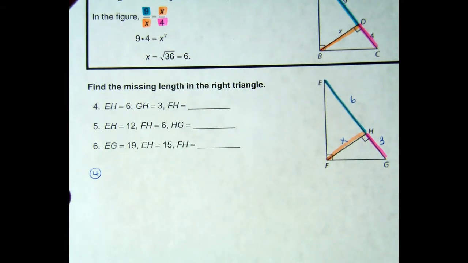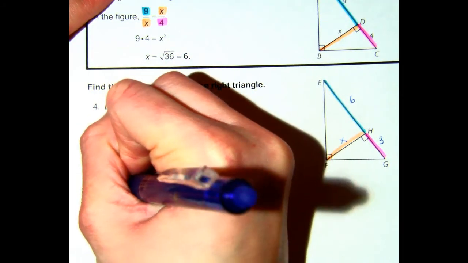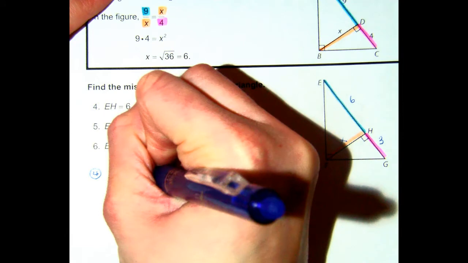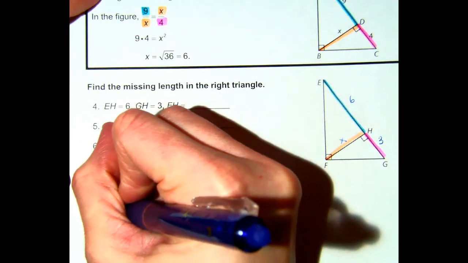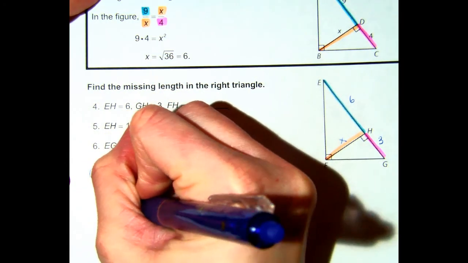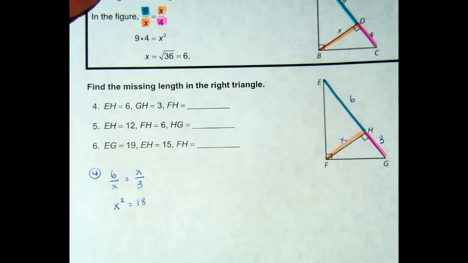How are we going to set this up then? 6 over x equals x over 3, okay? Then cross multiply, x squared equals 18. Is 18 a perfect square?